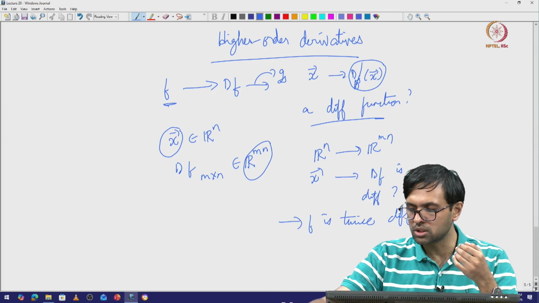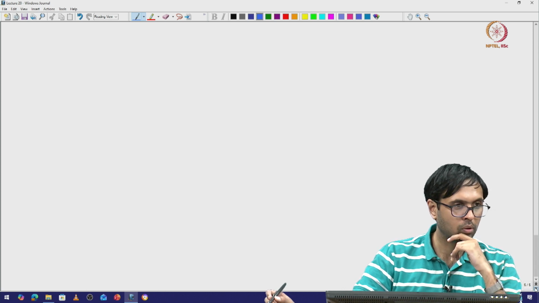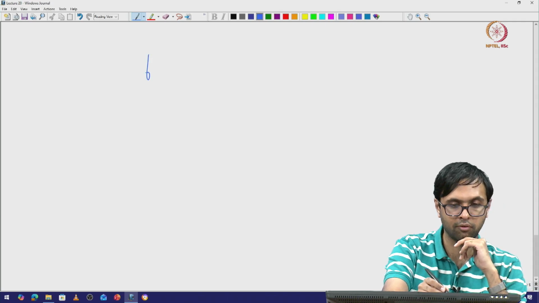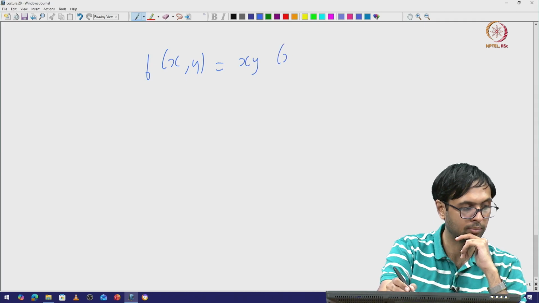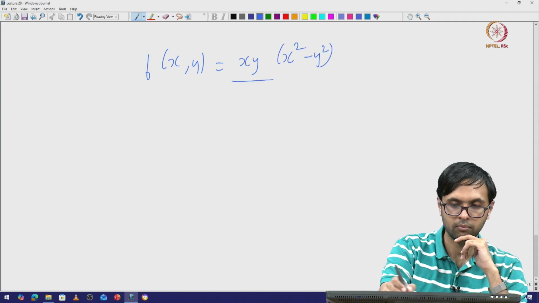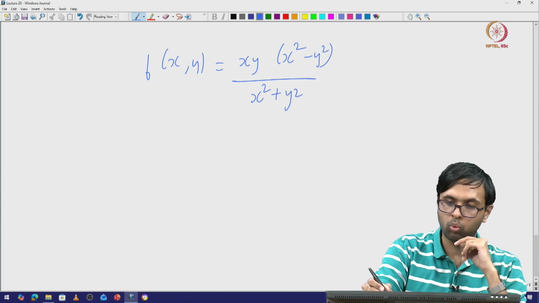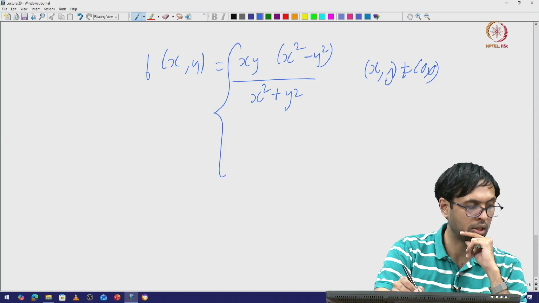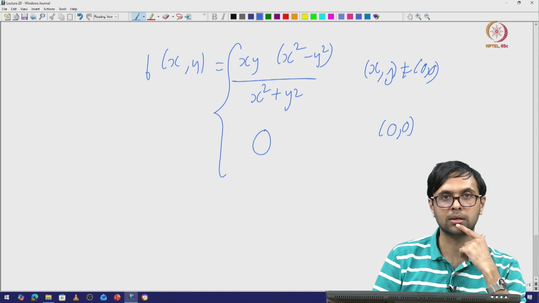But while all of this is perfectly fine, we would want to look at this in greater detail. Here is an example of a function showing how things can go wrong. So suppose you take this function when (x, y) is not (0, 0), and say it is 0 when (x, y) is (0, 0).